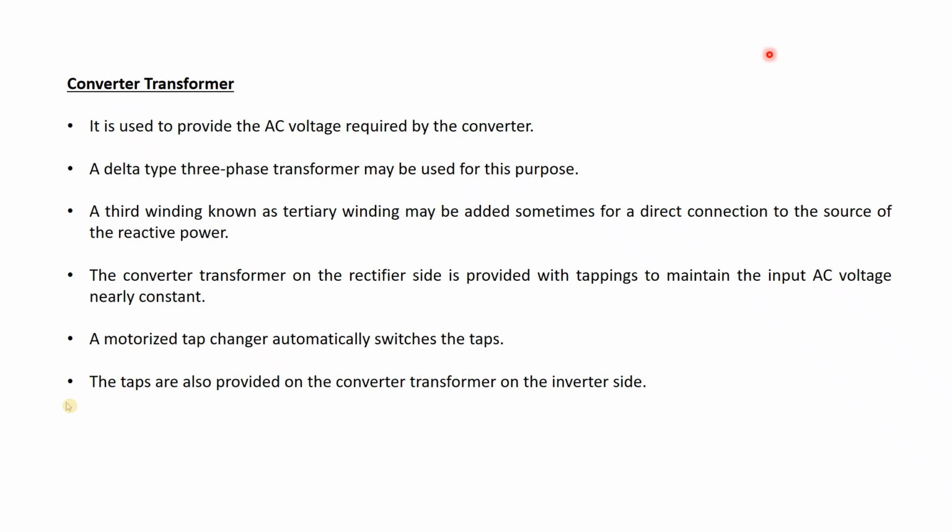So obviously a transformer will work only for AC, but the converter transformer is used to provide the AC voltage required for the converter. A delta type 3-phase transformer may be used for this purpose. A third winding, called the tertiary winding, may sometimes be added for direct connection to the source of the rectifier power. So that is a different issue.